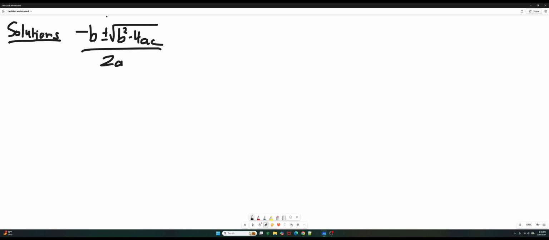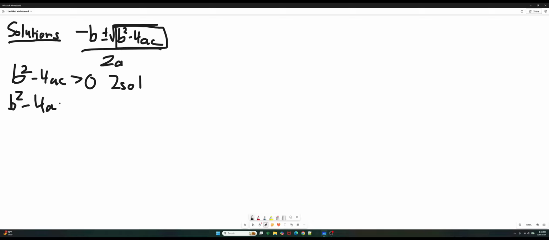This part, not including the square root, is called the discriminant. What the discriminant shows us is that if the discriminant is greater than 0, there's 2 solutions. If it's equal to 0, there's 1 solution. And if it's less than 0, then there's 0 solutions.